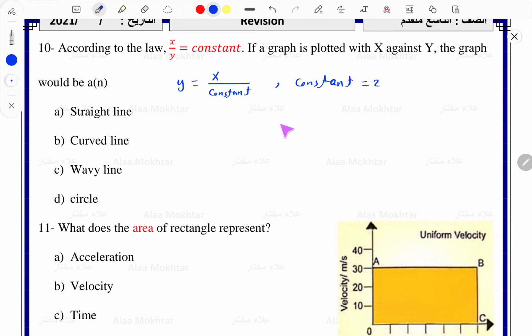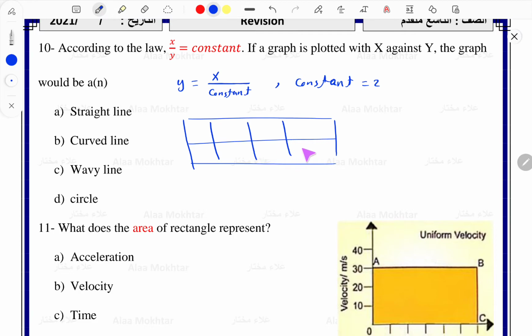I will make a table, with x as the independent variable. I put x as 0, 1, 2 and 3. What about y?